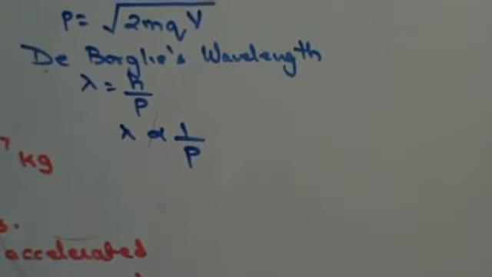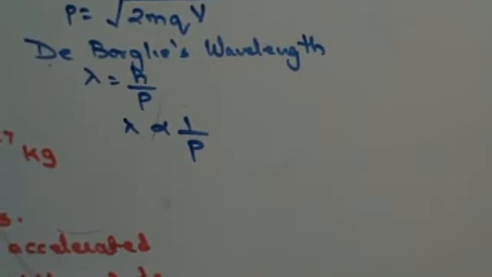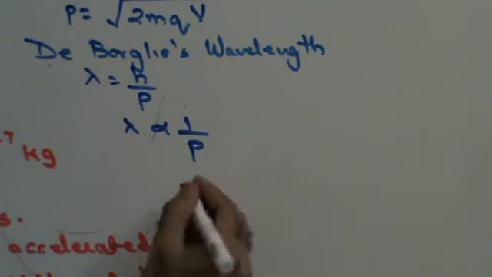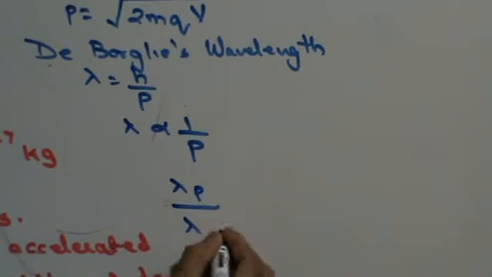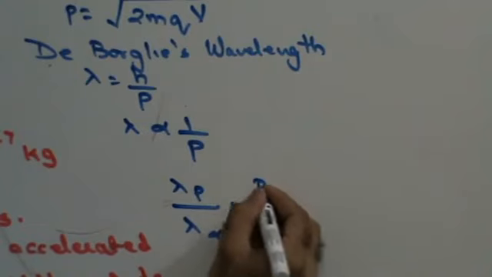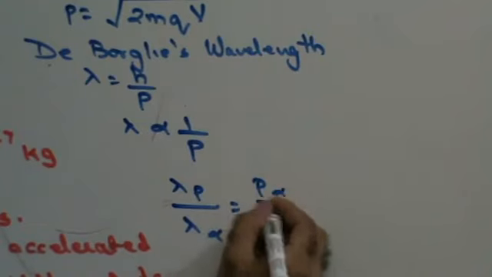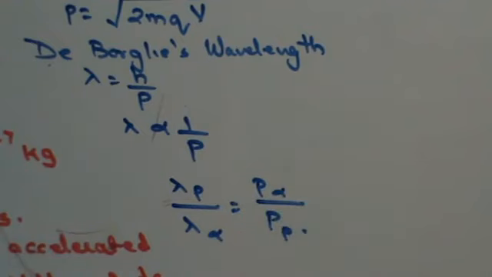So in that case you could say that they have said that a proton and an alpha particle, so wavelength of proton to wavelength of alpha particle will be nothing but momentum of alpha particle upon momentum of proton, right?